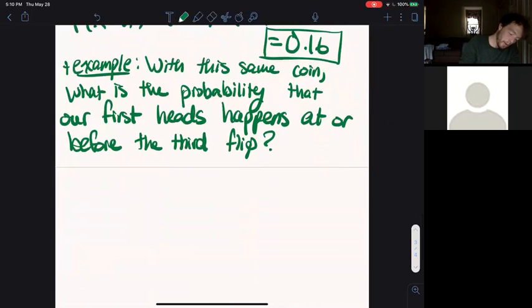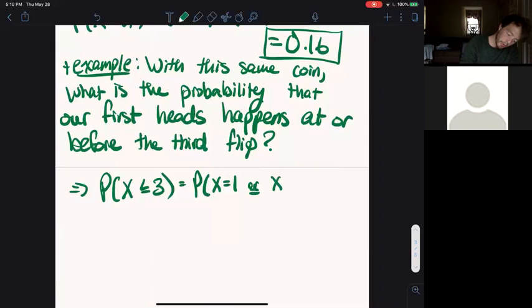Well, if we were to write this, this is the same thing as saying what's the probability that x is less than or equal to 3, which we would want to say is, that is true if x is equal to 1, or if x is equal to 2, or if x is equal to 3.